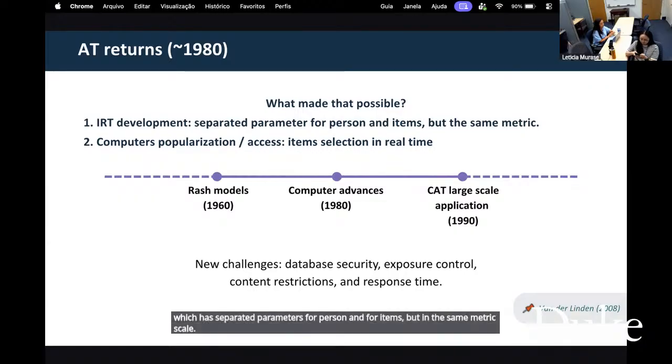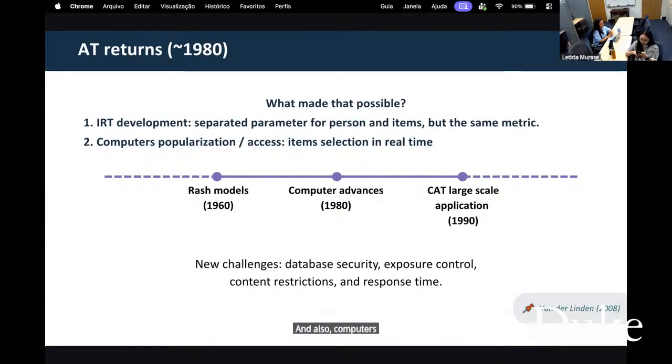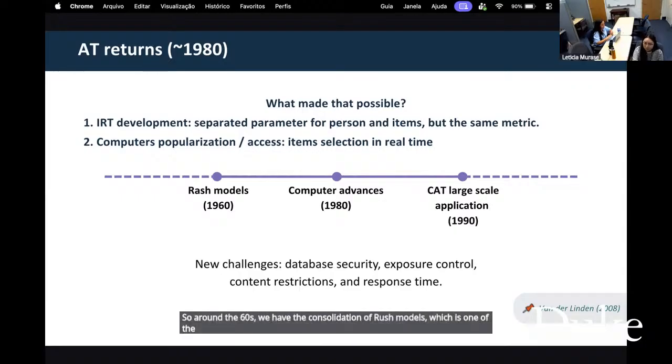And also, computers were then popularized and more accessible, which made it possible to select items in real time. So around the 60s, we have the consolidation of Rasch models, which is one of the famous models in IRT.